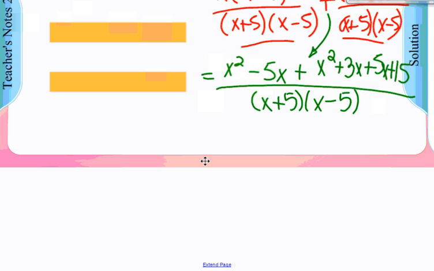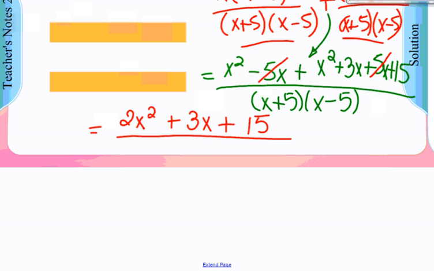We have a minus 5x and a plus 5x, so those are going to cancel. We have x squared plus x squared, so that's going to give us 2x squared. We have a 3x, and we have plus 15, and it's all over our denominator of x plus 5 times x minus 5.